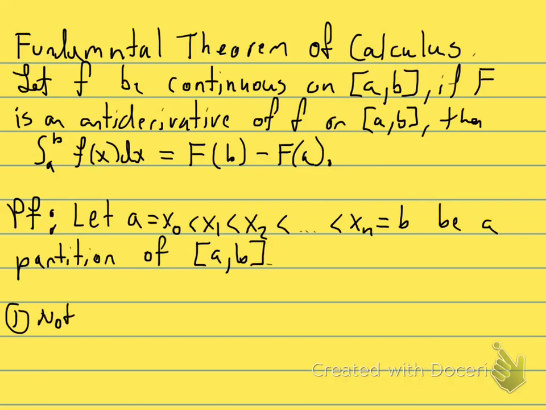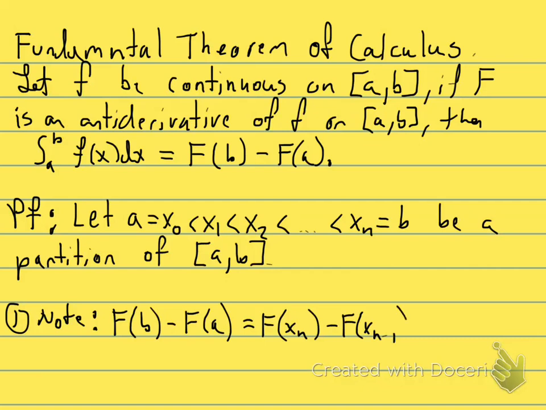And from that, we're going to make a note here that F of b minus F of a is going to be equal to F of xn, which is F of b, minus F of xn minus 1, plus F of xn minus 1 minus F of xn minus 2, plus and so on.